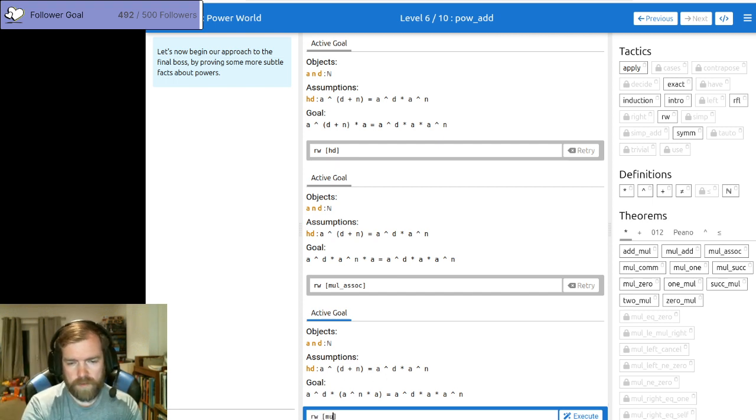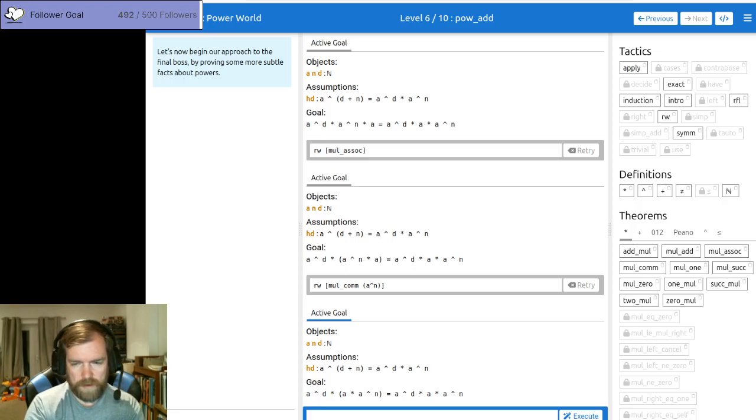Rewrite multiplicative commutativity of a to the n, and then we're gonna left undo, rewrite backslash l, rewrite backwards.